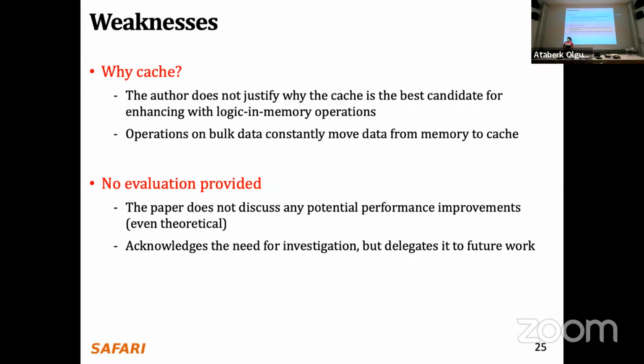That's definitely something that must have been investigated, and the author doesn't follow it up with any future work. So the author doesn't have any kind of even back of the envelope calculations? No, nothing theoretical either. It's mostly an idea paper. A lot of ideas are proposed, but there's no theoretical evaluation either. All right, thanks.